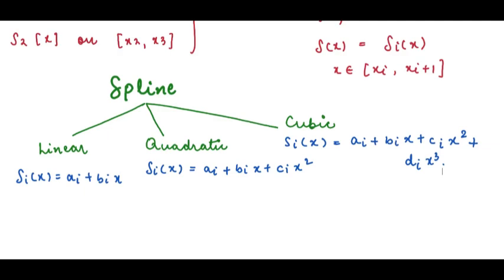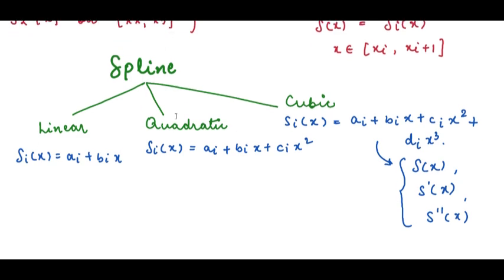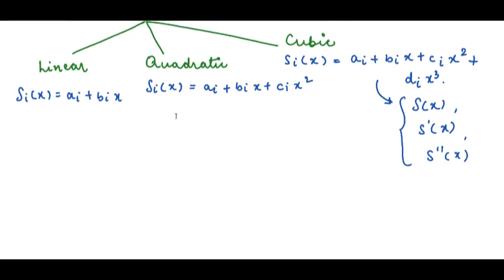The cubic spline allows us to impose the continuity of S(x), S'(x) and S''(x) at the interior knots. Therefore, the resulting curve is smoother. We can think of it as joining the individual polynomial pieces without sharp changes in slope or curvature. That is why cubic splines are extremely important in numerical analysis and computational applications.